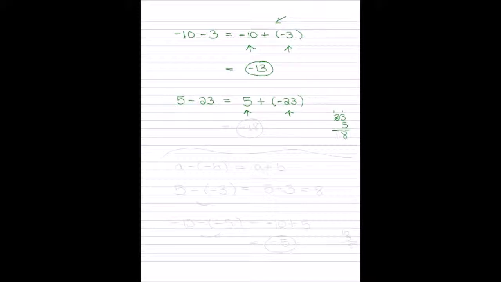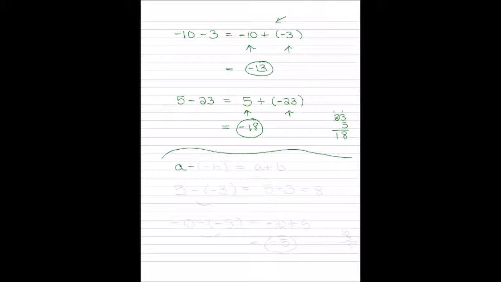So this gives me 8. And then I bring down 1. So I get 18 when I do my subtraction, but the higher absolute value is the 23. So this is actually going to be negative 18. Take the sign of the higher number. So that's one situation of where you change a subtraction into an addition.